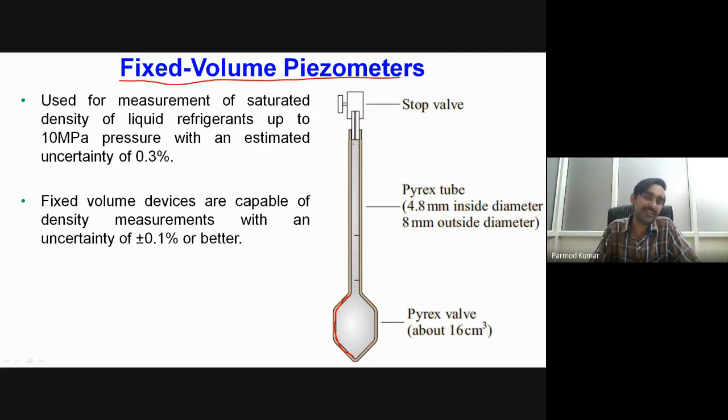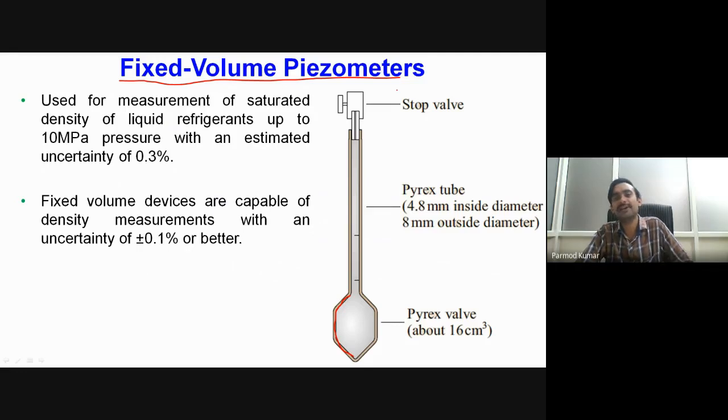Initially, with the help of this valve, we connect this volume to a vacuum pump. The vacuum pump takes out whatever gases or atmospheric air are inside this volume.